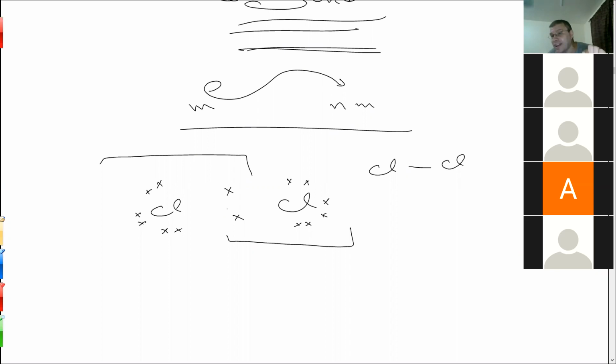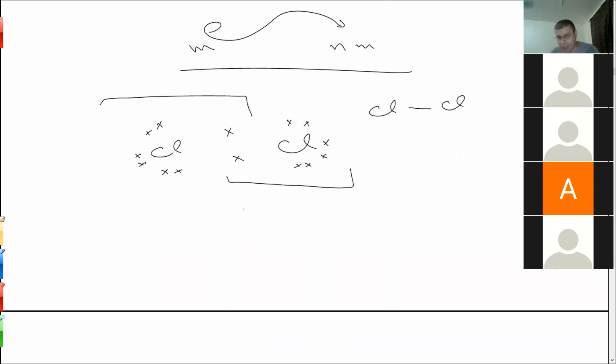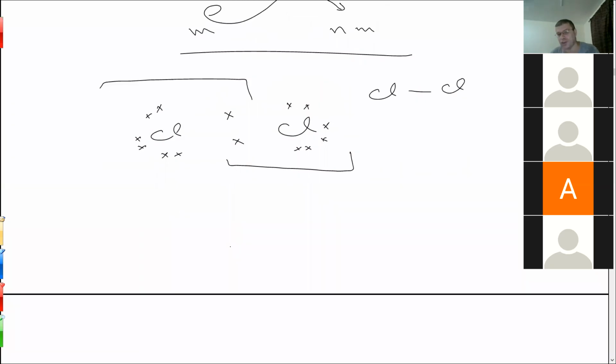Here I'm going to draw the structure of chlorine again. Maybe when I draw it, it will be clear for you. We have the first chlorine, and this one is the second chlorine. We have the nucleus here positively charged, and this one is the nucleus positively charged. We have 2 electrons, 1 from each atom. We still have 6 electrons here on each: 1 and 2, 3 and 4, 5 and 6.